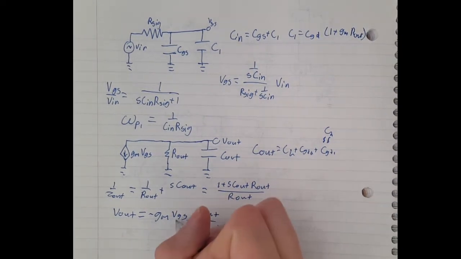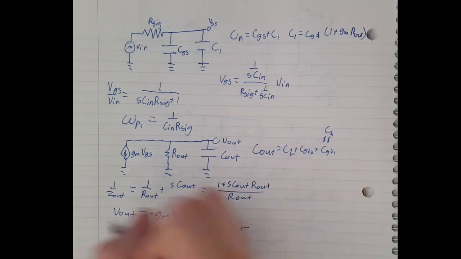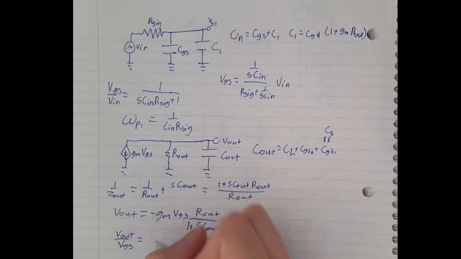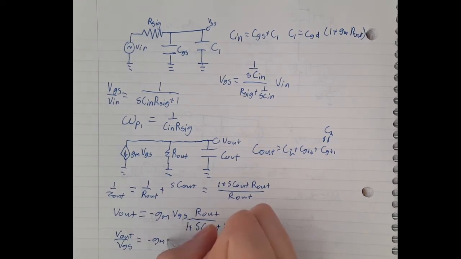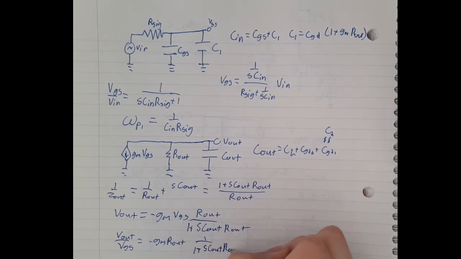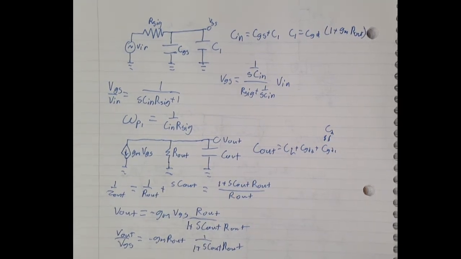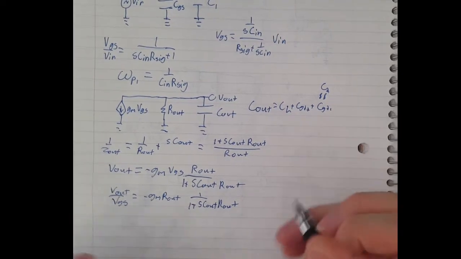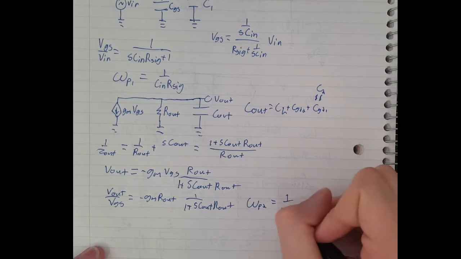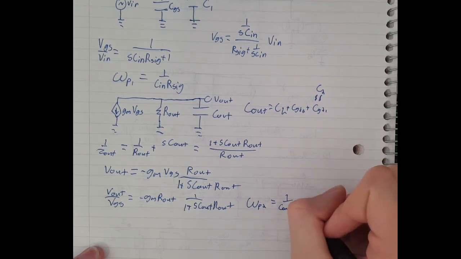And we move the VGS over to the V out and we get V out over VGS equals negative GM R out times 1 over 1 plus SC out R out. So our second pole is 1 over C out R out.